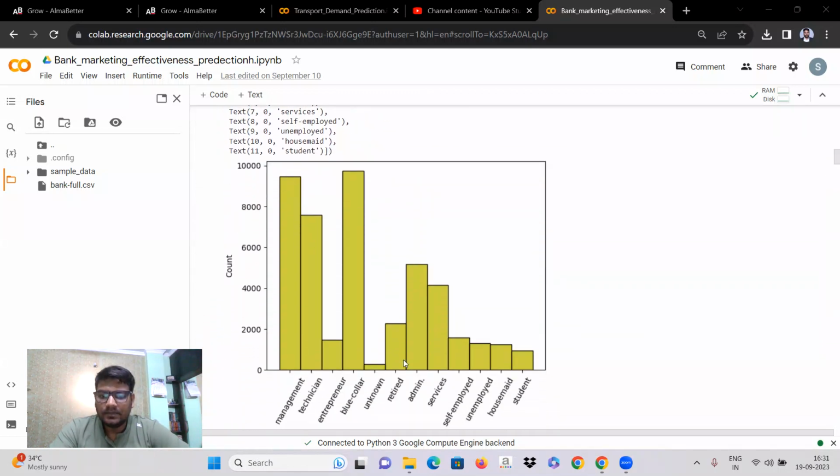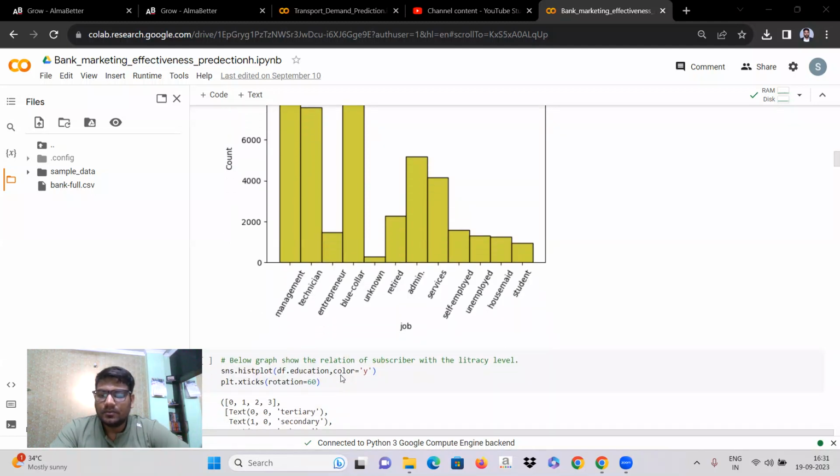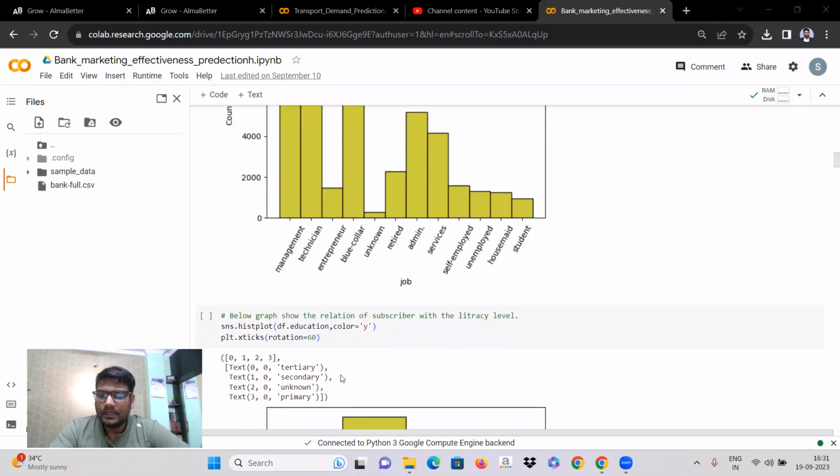There is some relation between the job and the people who subscribe to the term deposit. People in management, technician and blue collar jobs subscribe to the term deposit most of the time.